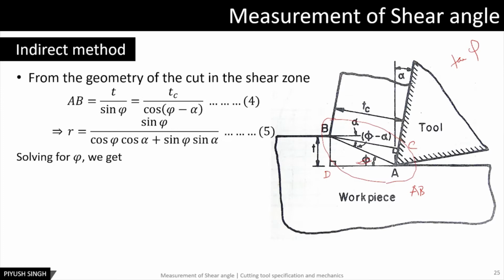Anybody who is not getting this value? Okay. So tan phi is equal to r cos alpha upon 1 minus r sin alpha. I hope everybody got this.